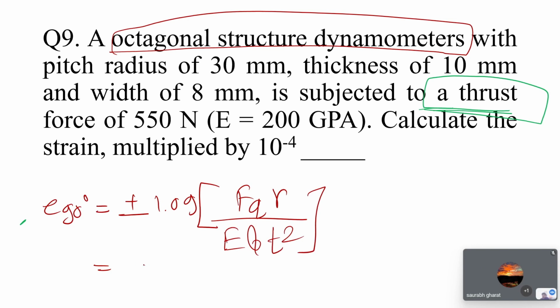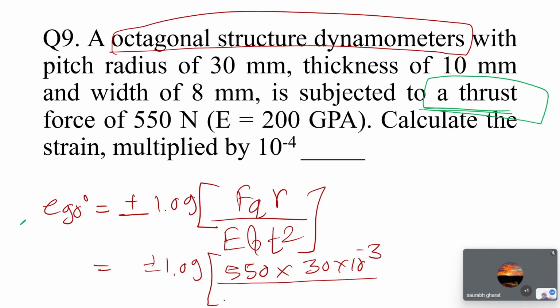So again put everything: plus or minus 1.09 into F, which is 550, into R, which is 30 × 10 raised to minus 3, divided by E, which is 200 GPa, 10 raised to 9, into B, which is 8 × 10 raised to minus 3, into thickness, which is 10 squared into 10 raised to minus 6.